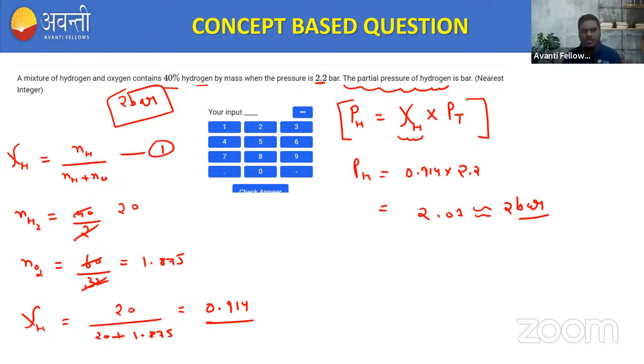So we know how to represent the concentration terms. So this is what we need to calculate: 2.01 is equal to 2 bar. I hope everyone understood.